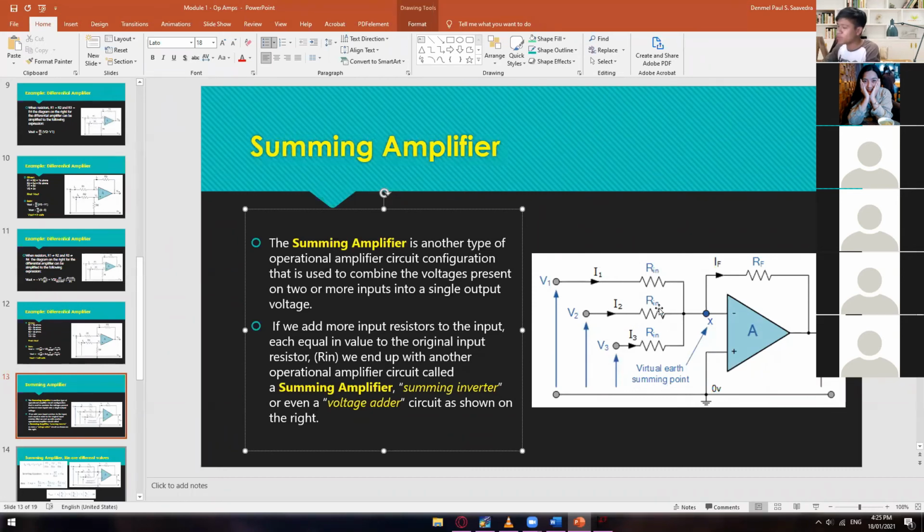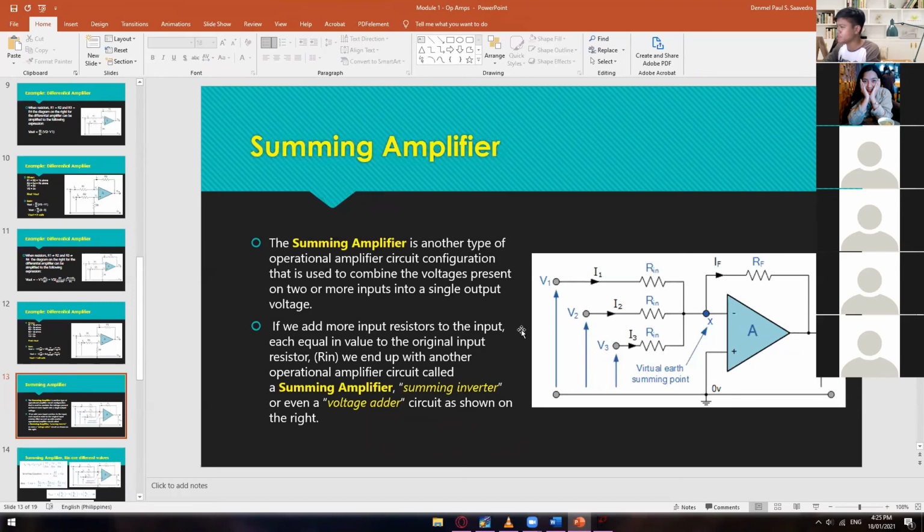But since we have two additional inputs, which also have two additional input resistors, this now composes the summing amplifier. And then your non-inverting input is grounded.